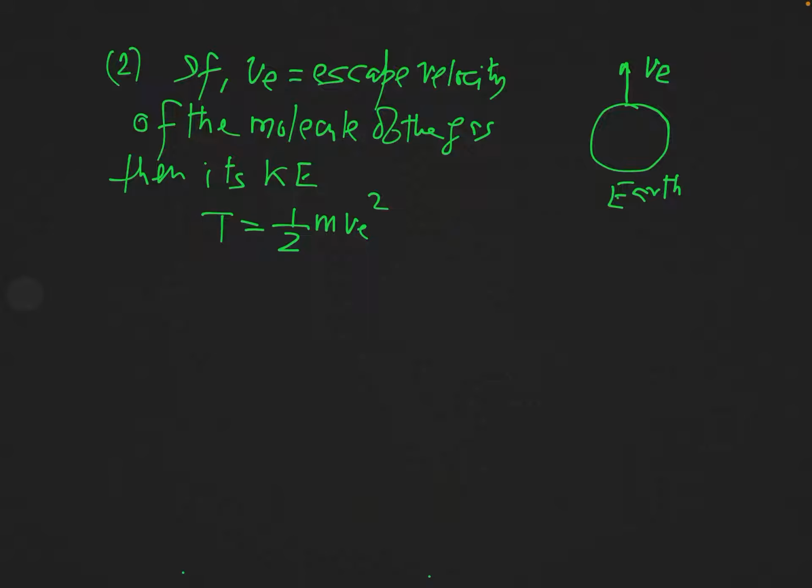But according to Maxwellian distribution, the average kinetic energy per molecule of a gas is equal to 3/2 kT.